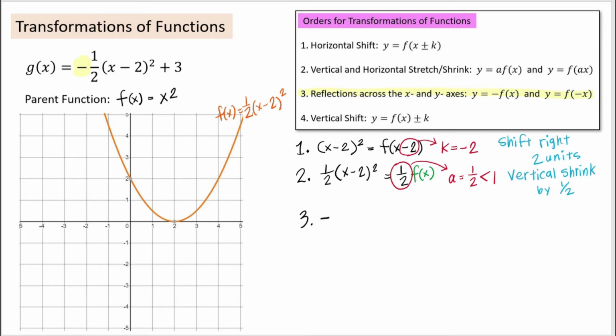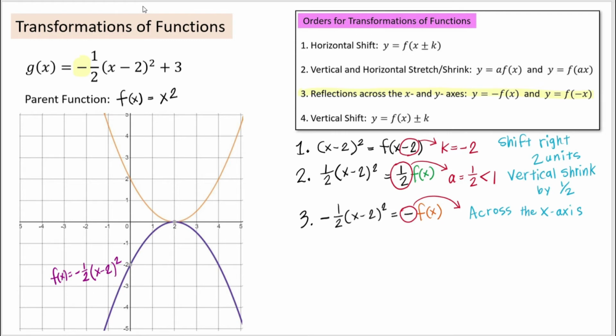Then negative 1 over 2 times (x minus 2) squared is equal to negative f of x. So we reflect the function f of x across the x-axis. We get the function negative 1 over 2 times (x minus 2) squared. Again, let's call this new function f of x.